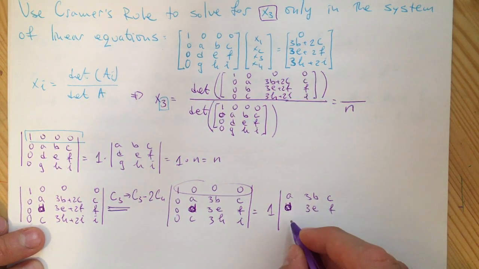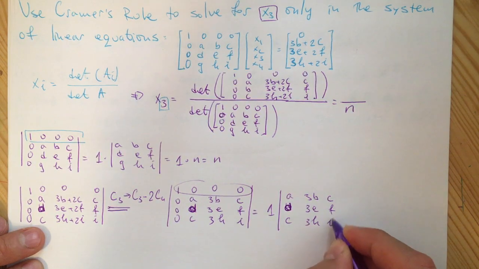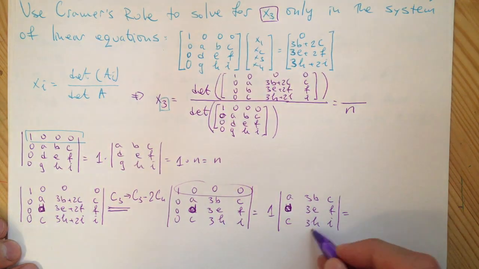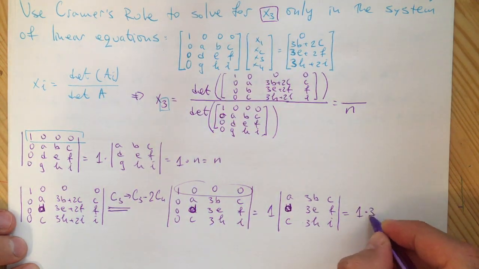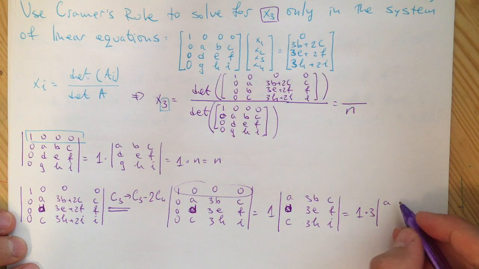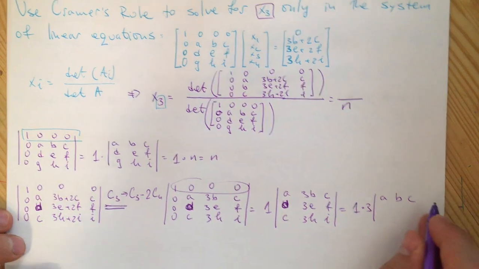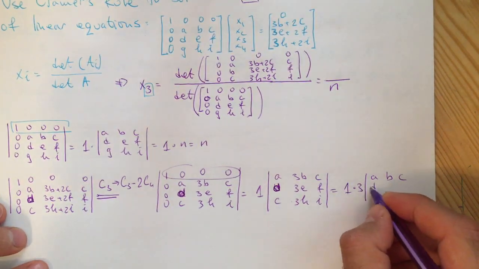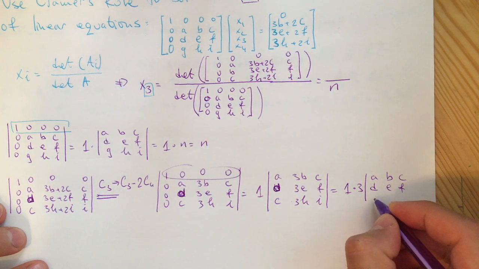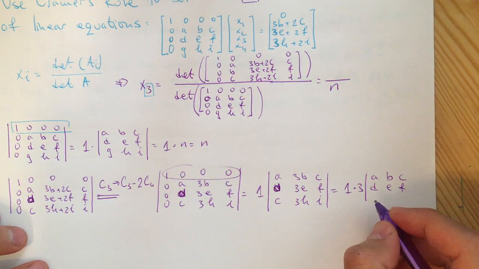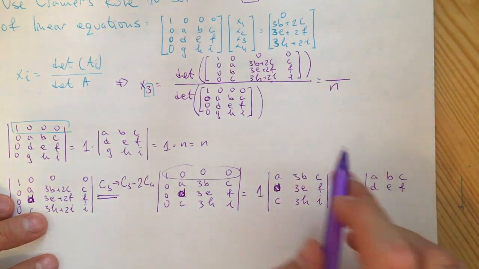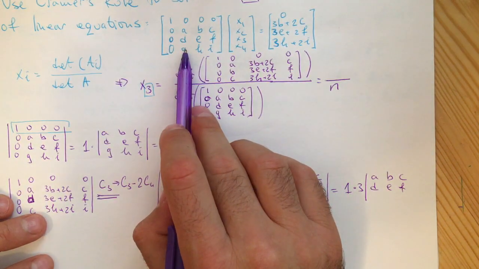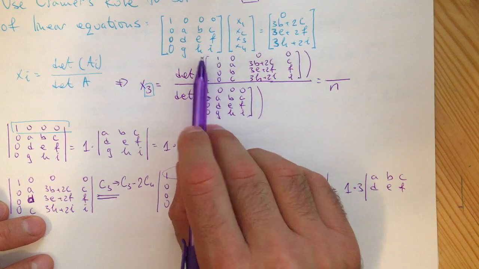Three E F C 3HI, and now I'm going to factor this 3 from the second column, so that's 1 times 3 times the determinant of the matrix A, B, C, D, E, F. Give me a second here, this is a mistake here.